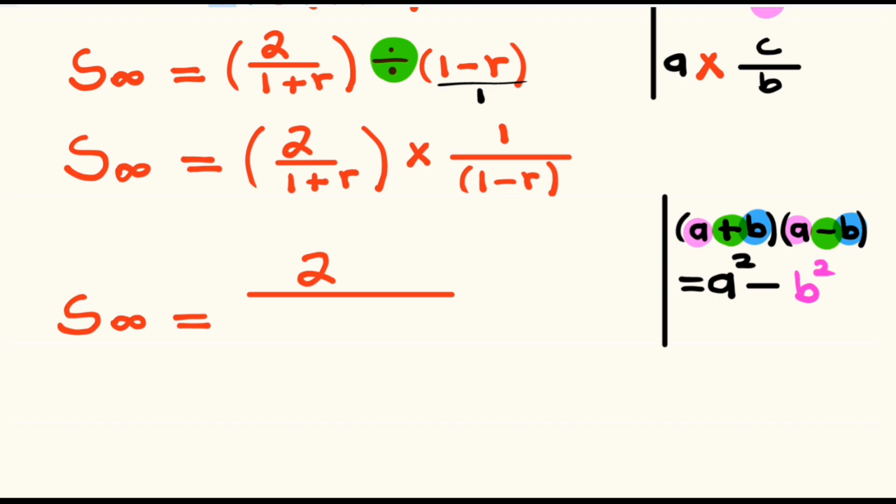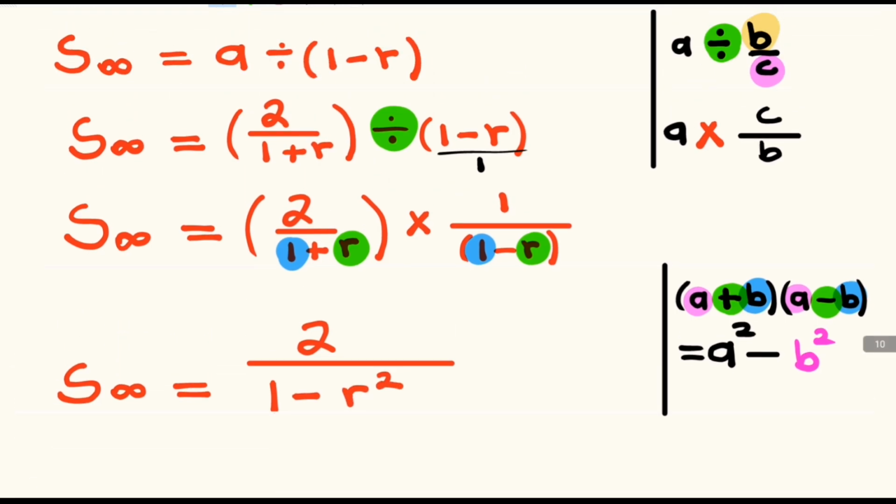Remember that we only do this if the two brackets are the same, except that in one the sign in the middle has to be positive, and in the other the sign in the middle has to be negative. So we are going to multiply that one with that one, and 1 squared is just 1, and the positive multiplied by the negative is negative, and that r multiplied by that r will be r squared.